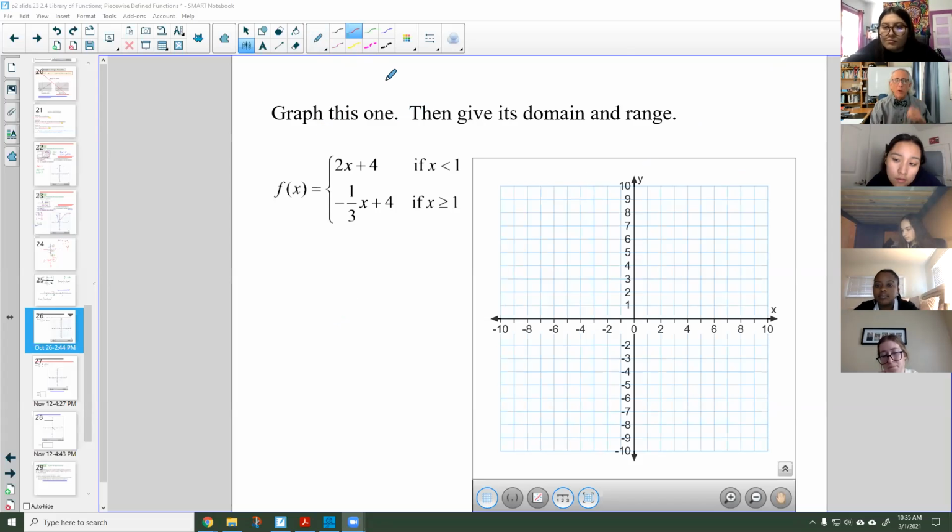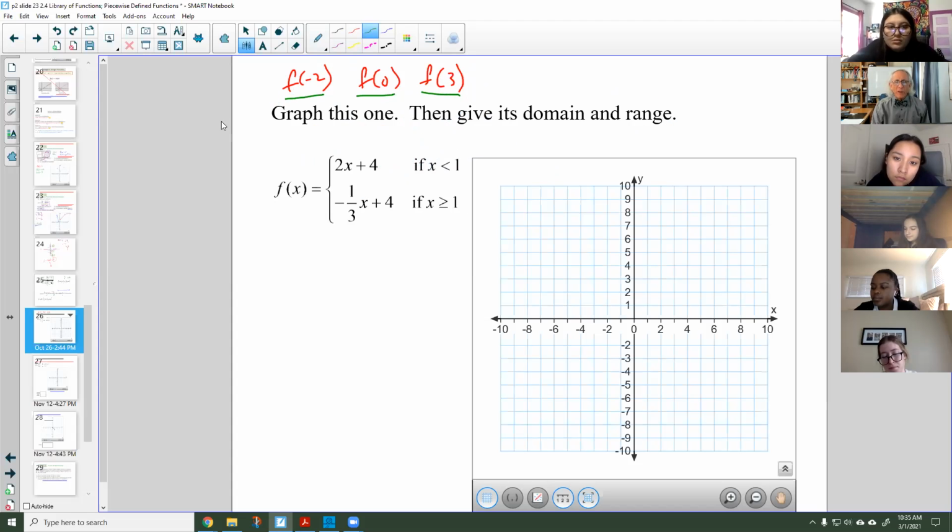Like in the first problem, it said find f of -2 and f of 0 and f of something else. And you're right, I didn't give you those points. This was really designed to just get you used to the idea of what this domain thing meant.